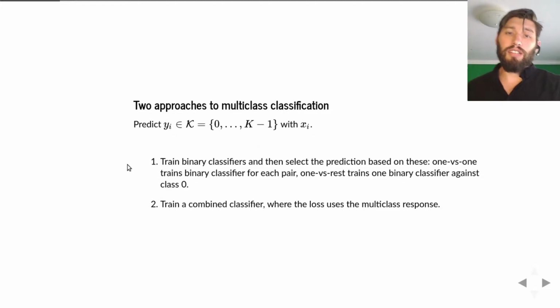Okay, so we want to train binary classifiers and then select a prediction based on these. That's one approach: to cast this as binary classification problems. The problem is that there are a lot of different ways to do this. One way is to train one of the classes against all of the remainder of them. That's the one versus rest setting.